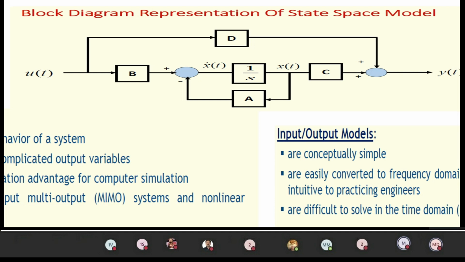It is good practice for engineers, but input output models are difficult to use for solving time domain and Laplace transform domain specifications. So this is the small but important differentiation between the transfer function model and the state model.